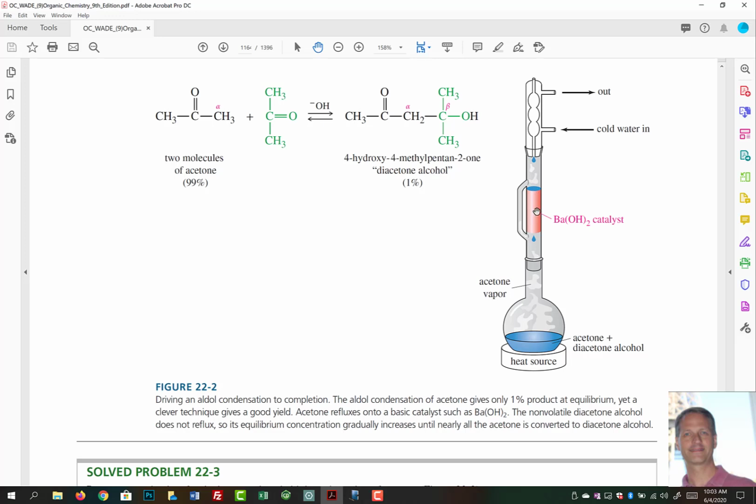Of course, it's all kind of warm, but as it drips through that, it reacts and forms the diacetone alcohol, the beta hydroxy ketone. So it drips through there, and then that product drips all the way back down into your original flask down here at the bottom.